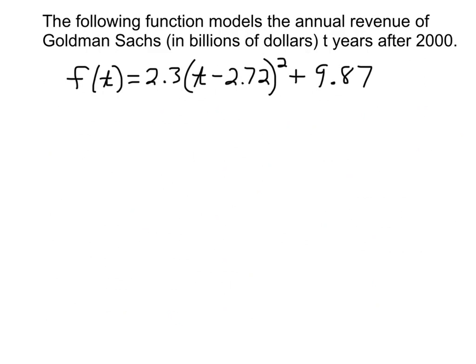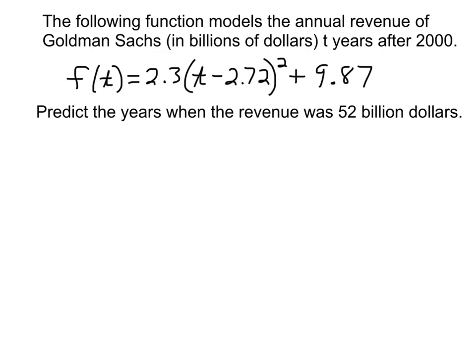Now this method for solving equations can be used to make predictions when you're working with a model that's in vertex form. Like in this example, the function that's given here models the annual revenue of Goldman Sachs in billions of dollars t years after 2000. So let's say we want to predict the years when the revenue was $52 billion.